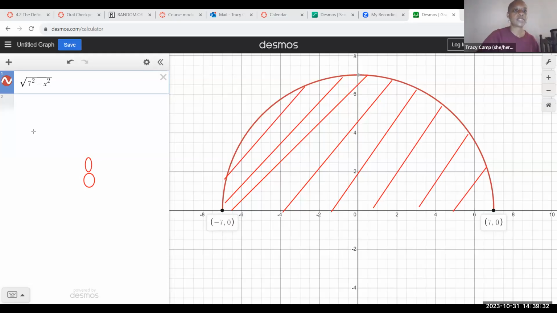And notice that for this half circle, the radius is 7. The radius is the distance from the center of the circle to any point on the circle. And notice that that's 7.